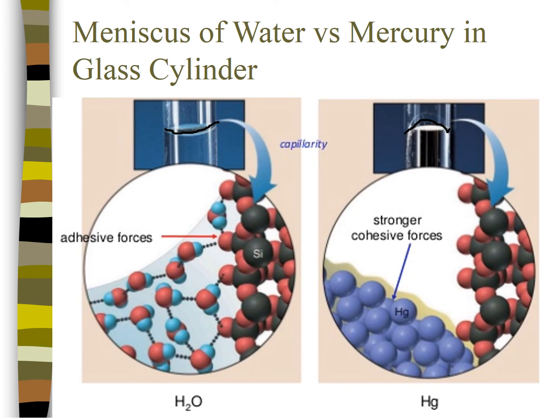To take our ladder analogy, a strong person with strong adhesive forces can climb that ladder, but if people are hanging off of that person, the weight of the people hanging off will stop that person from climbing the ladder. And then at that point, you'll have the characteristic concave shape to the water within the cylinder.